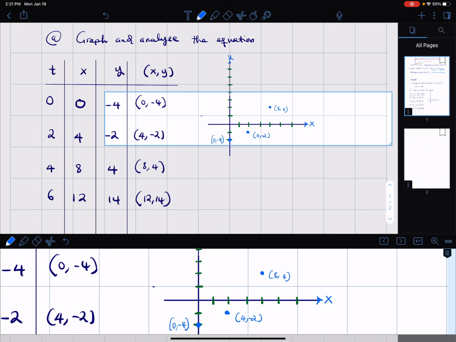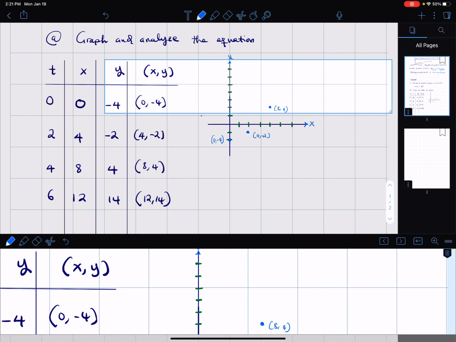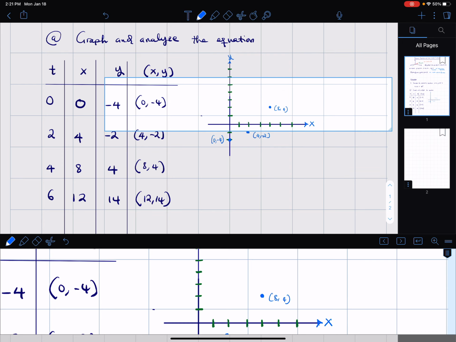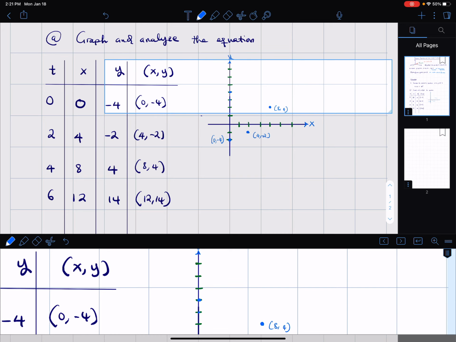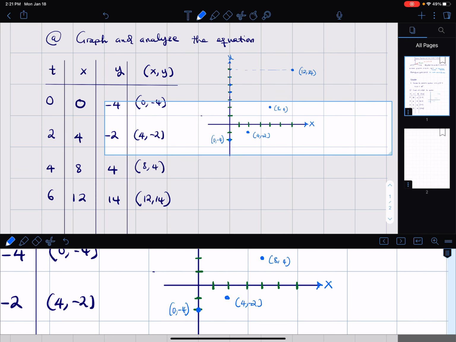When t is 6, x is 12 and y is all the way at 14. So where is 14? This is 2, 4, 6, 8, 10, 12, 14. So we have to go all the way there. So this is 12, 14.